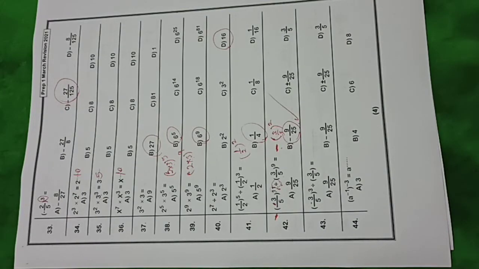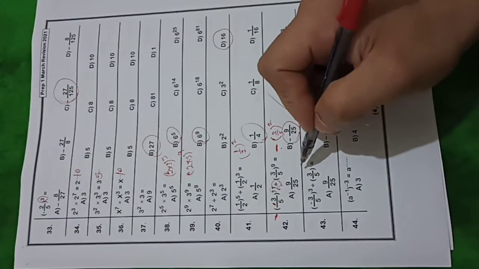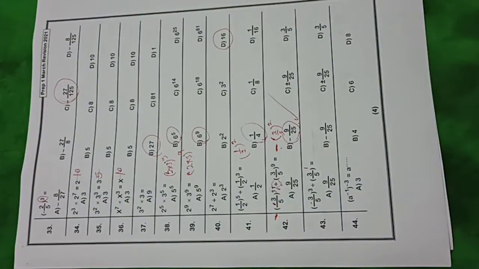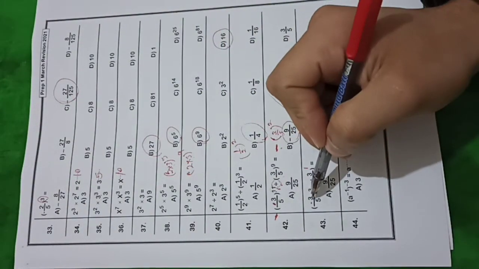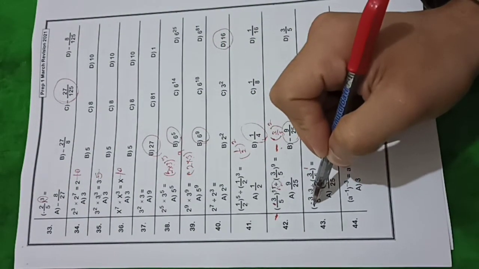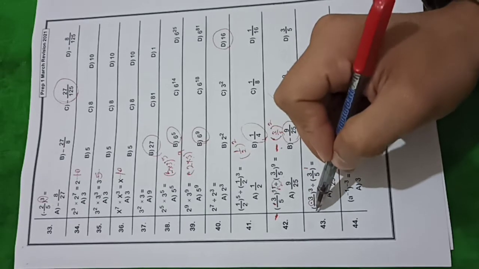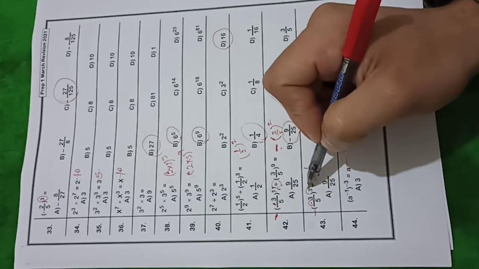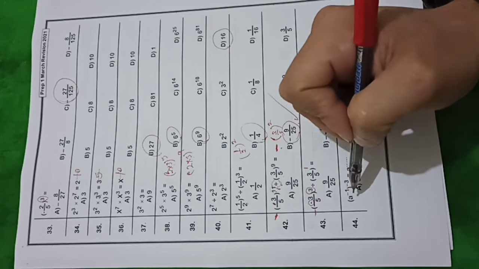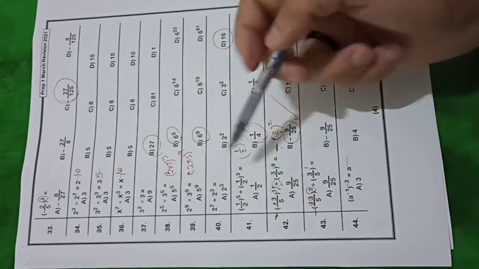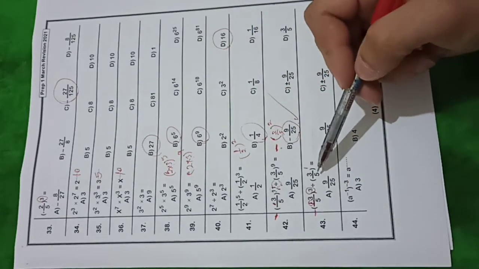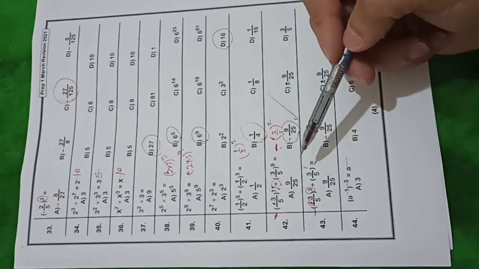Negative 3 over 5 all raised to power 3 divided by 3 over 5. 3 over 5 is raised to power 1. Here we have negative 3 over 5, so we write this negative outside the bracket. Why? Because the power is an odd number. So we have 3 over 5 here and 3 over 5 here, and they are now like bases.